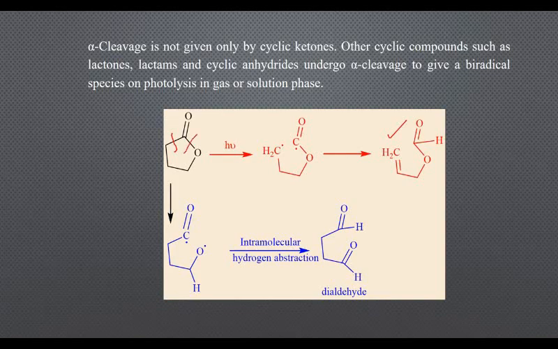If this carbon-oxygen bond is broken, then intramolecular hydrogen abstraction will give us a dicarbonyl or dialdehyde. Here this hydrogen is abstracted by this acyl radical, so that the dialdehyde is formed.